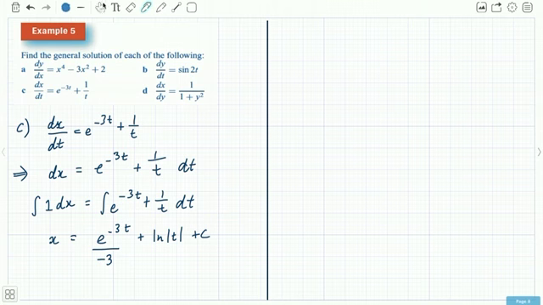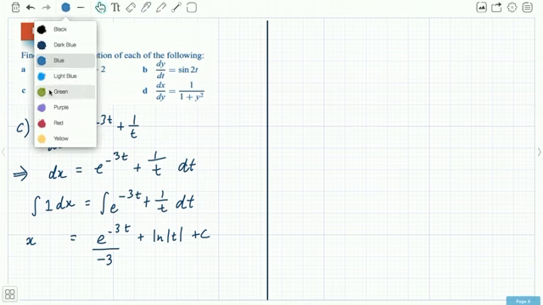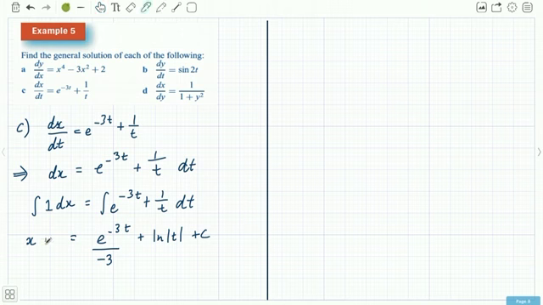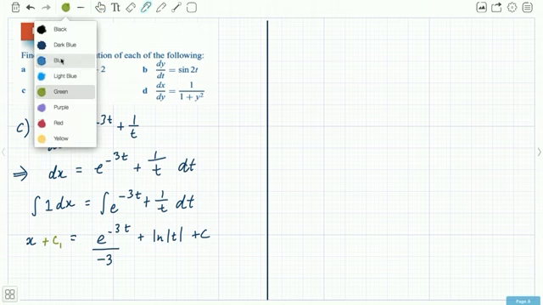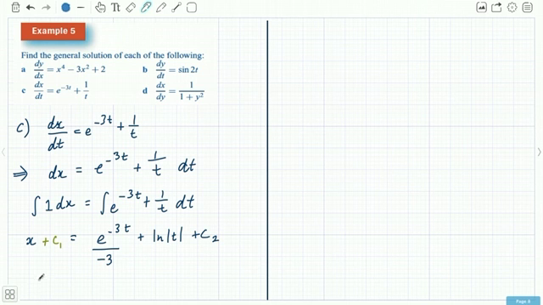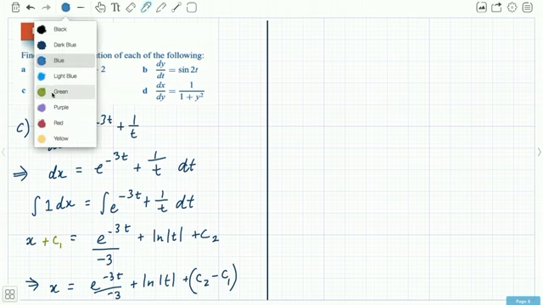Now you might have wondered at this point too, how come we don't write a plus c on both sides of the equation? Well, I can do that and show you why. If I wrote a plus C, I'll call this C1, and we'll call the other one C2. What I could do is rearrange this so I'd have x equals, I'm going to take the C2, the other constant, over to the other side, C2 take away C1. Now this whole part here, C2 take away C1, is also a constant.